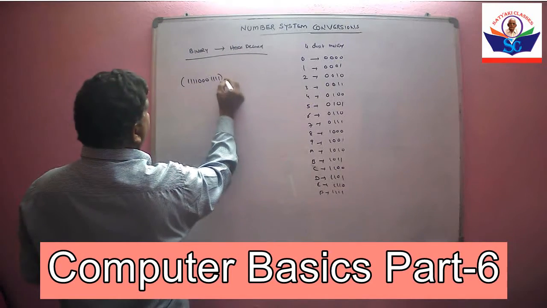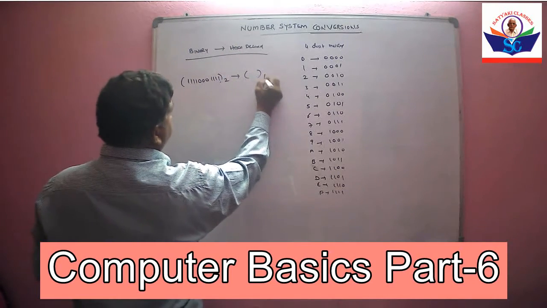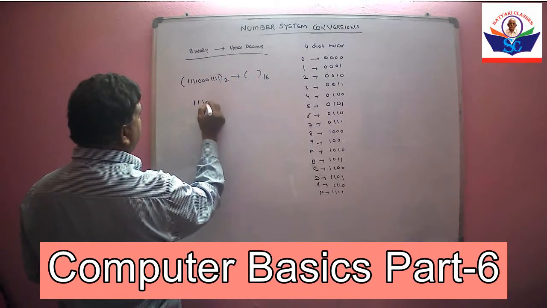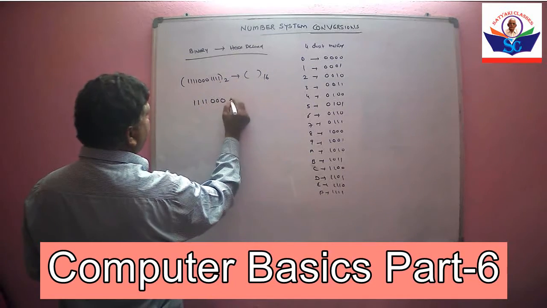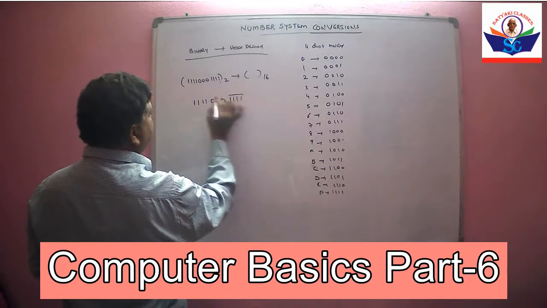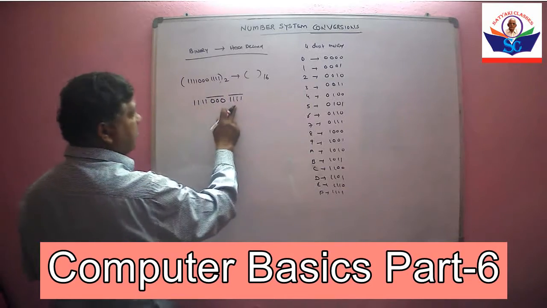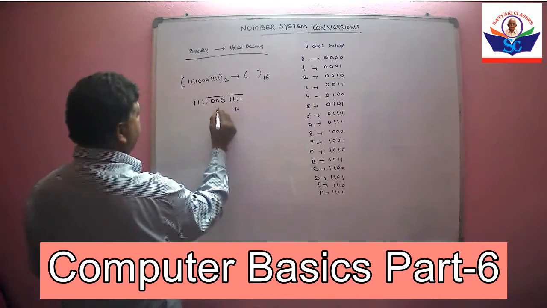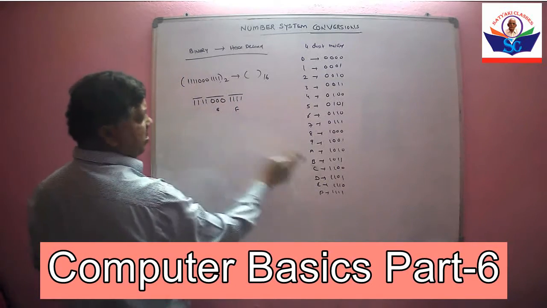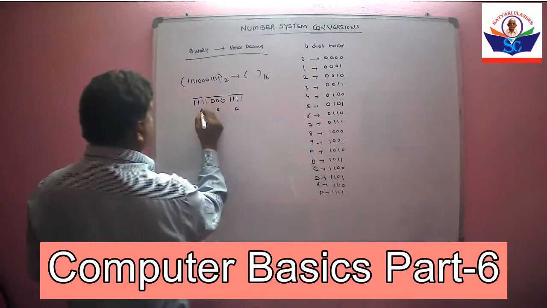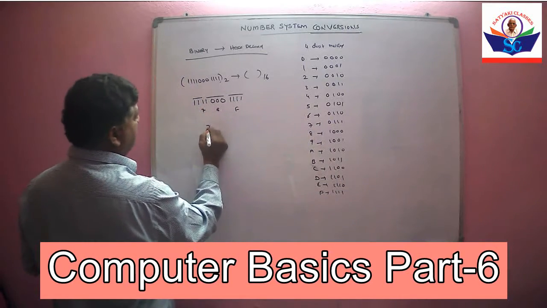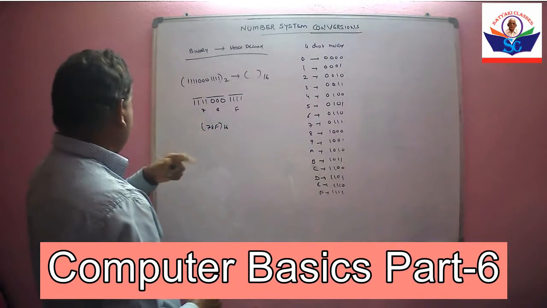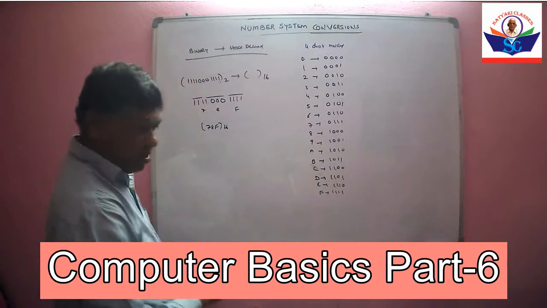We will take another example. 1 1 1 1 0 0 0 0 1 1 1 1 in binary is equal to which number in hexadecimal? We group 4 digits. Now 1 1 1 1 is F. 0 0 0 0 is 0. 1 1 1 1 is F. So F0F is the equivalent hexadecimal number for this binary number.